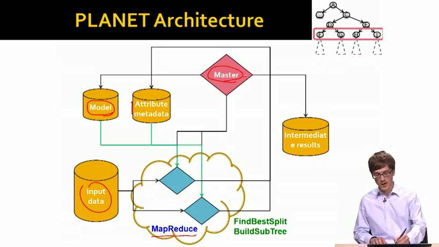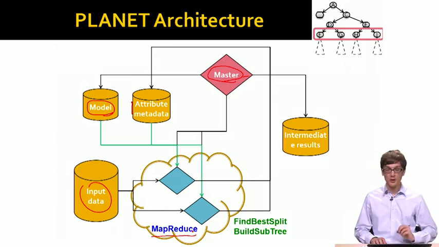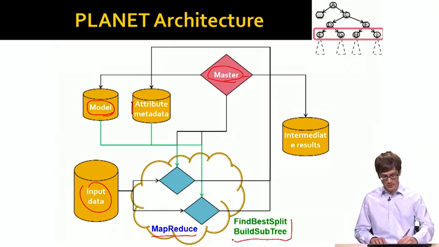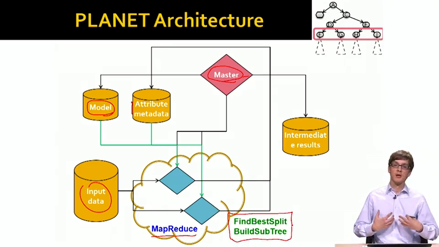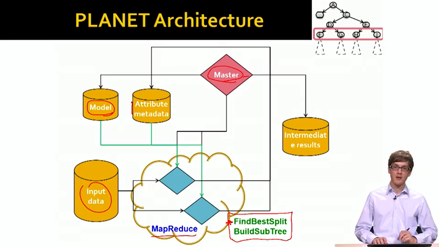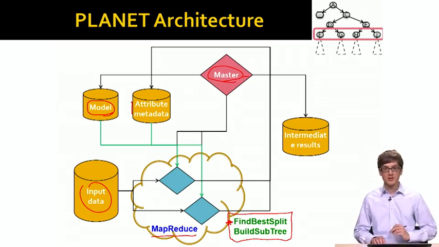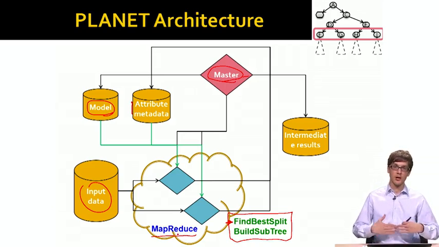And the master is also responsible for saving intermediate results. What the MapReduce will do is two things. It will help us find the best attribute and the best value to split on. We will call this find best split, and then it will also keep building the tree. The part that is computationally very expensive is finding the best split, and we want to utilize MapReduce to help us find it.